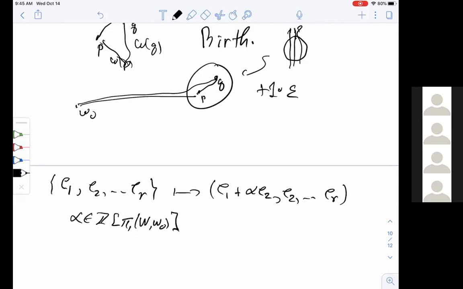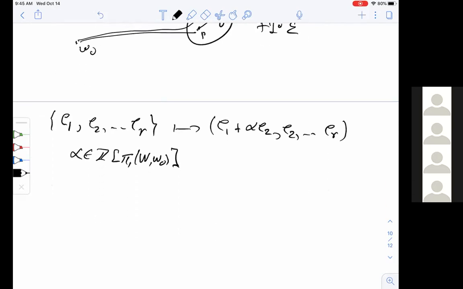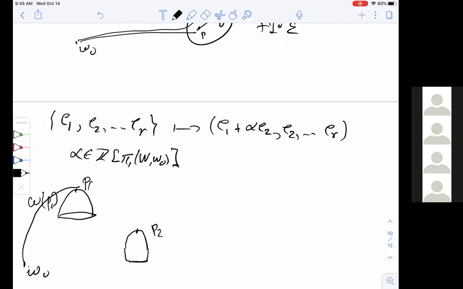So I need to do a handle slide. So E1 is the basis element going with critical point P1, which is somehow connected to the base point. And E2 is related to a critical point P2, which is somehow connected to the base point.